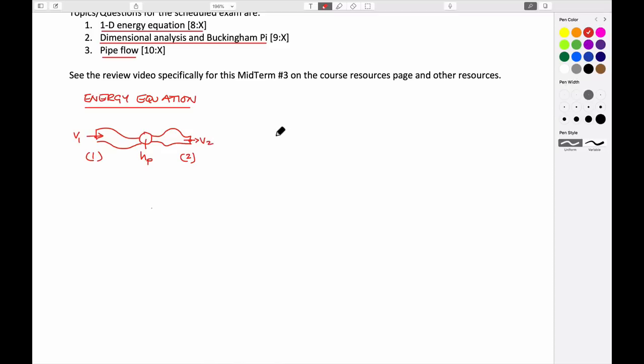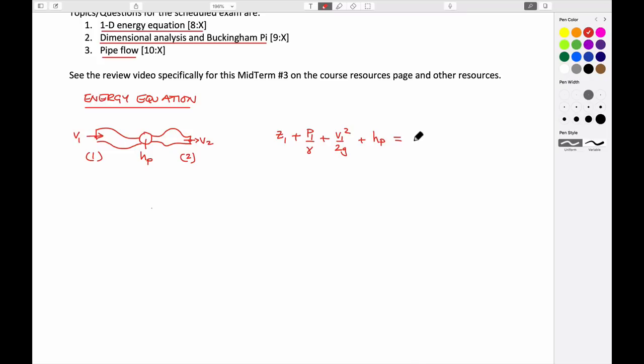The general equation, as you know, is Bernoulli's equation: elevation head plus pressure head plus velocity head at the upstream location, plus a pump head placed within the system.